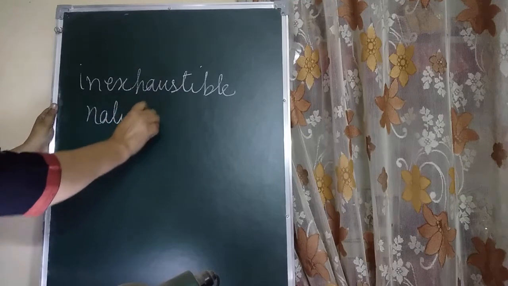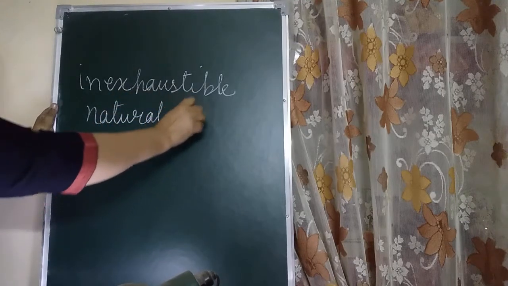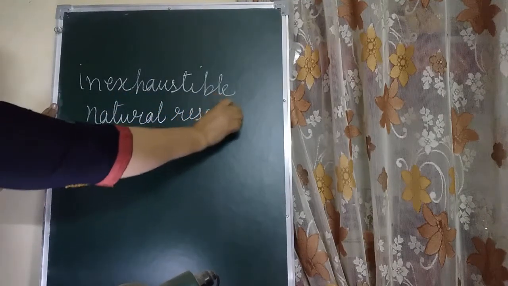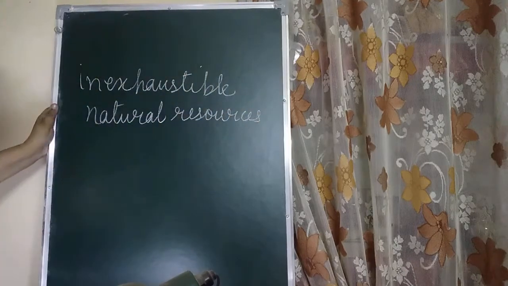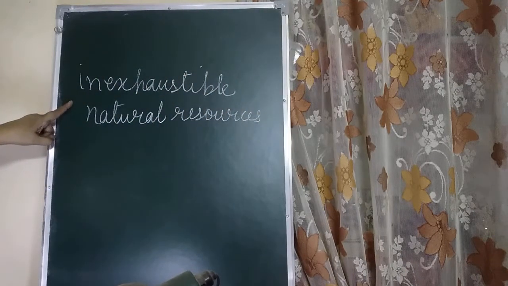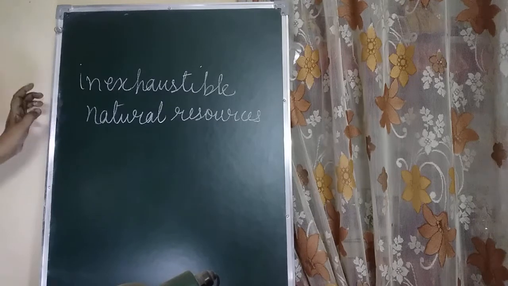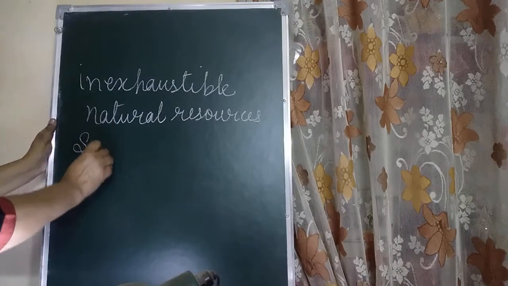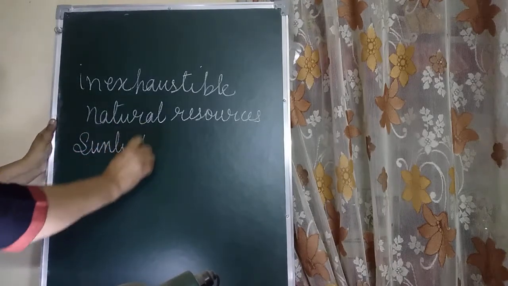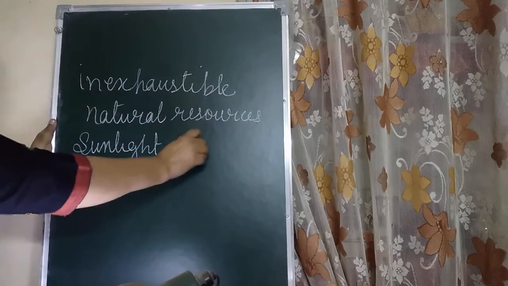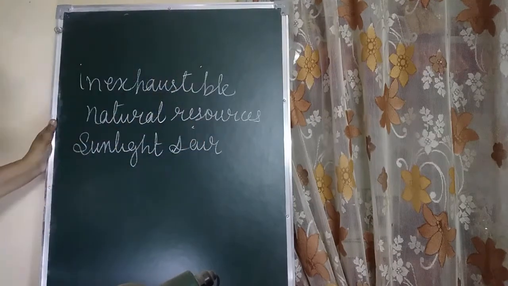Okay. Now, how can we differentiate between these two? So, inexhaustible resources are resources of which there is a limitless supply. Sunlight and air are the examples.